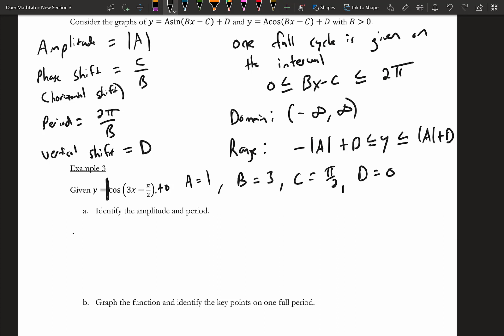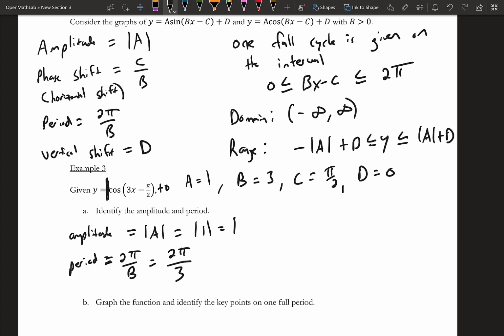So the amplitude is equal to the absolute value of a, which would be the absolute value of 1, which is just 1. The period, recall, is equal to 2 pi over b. So that would be 2 pi divided by 3, since b is 3. We get 2 pi over 3.